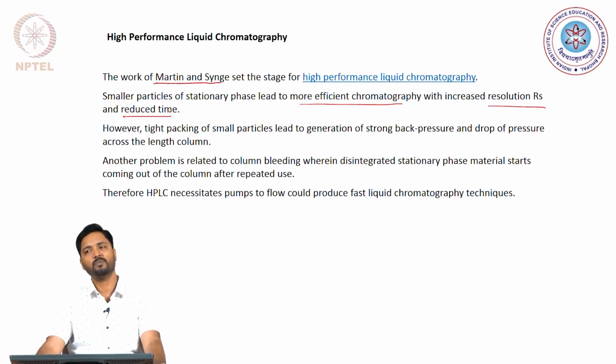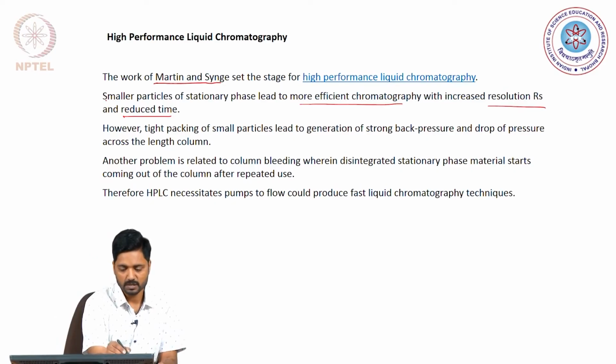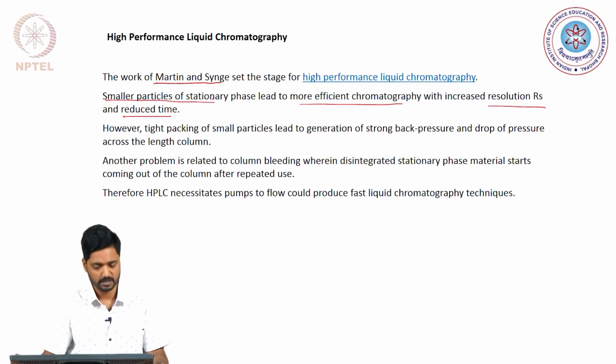For high performance liquid chromatography, we emphasize the use of smaller particles for our stationary phase. Now, what we also understand is that we need to pack these particles quite well within the chromatographic column.